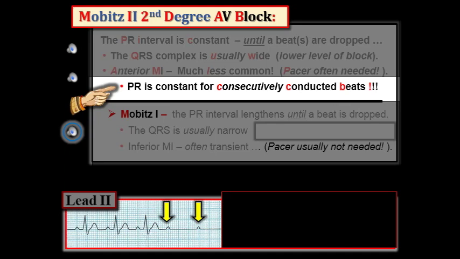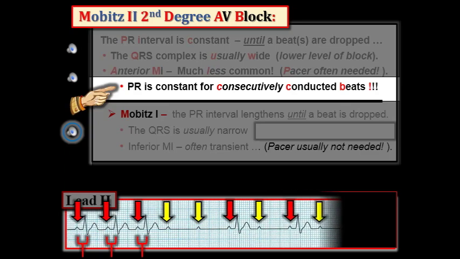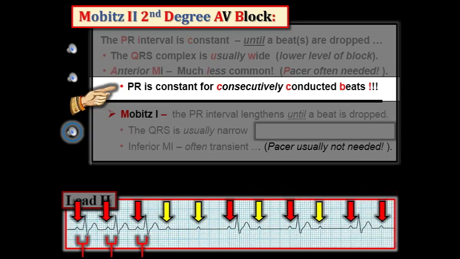In this example, the diagnosis of Mobitz II is secure because there are 3 consecutively conducted sinus beats at the beginning of this tracing in which the PR interval remains constant, red brackets, before non-conducted P waves, highlighted by the yellow arrows, are seen.